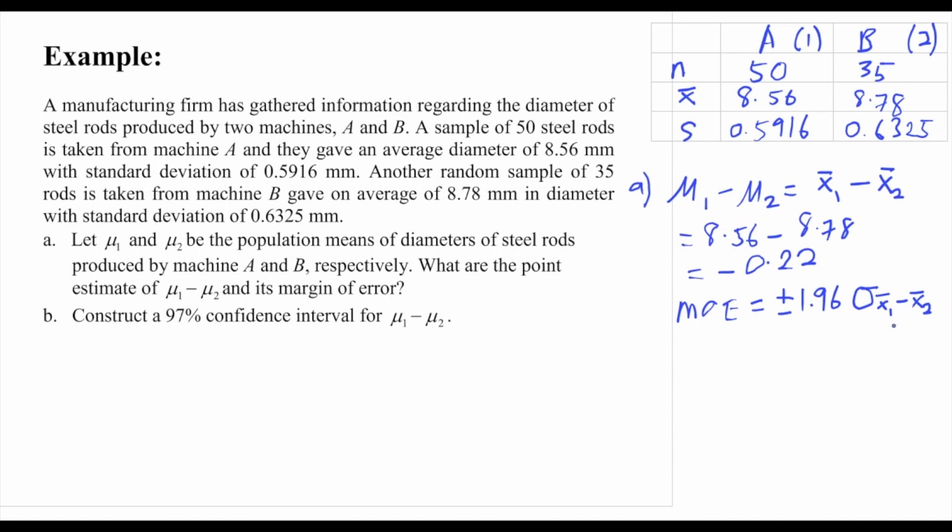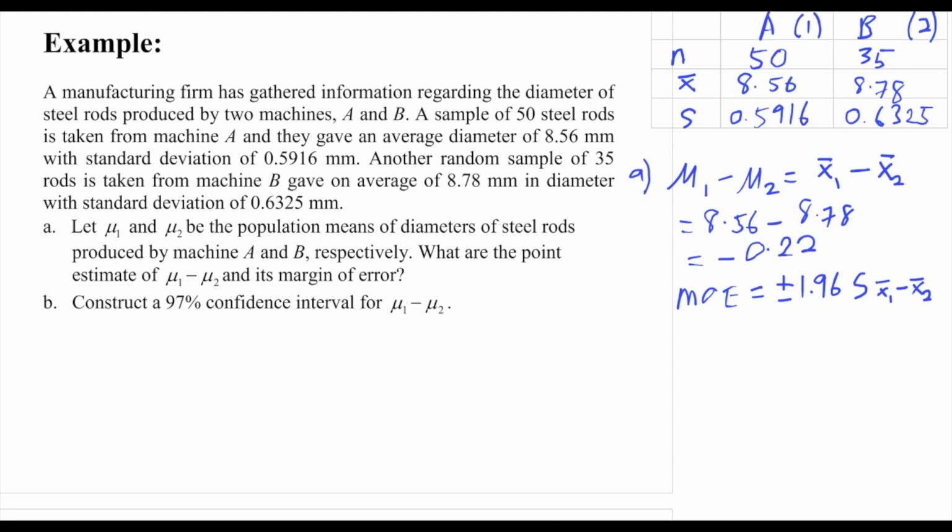And anyway, we do not have the value of sigma, we only have the value of the sample standard deviation. So instead of sigma, this would be the sample standard deviation. I'm going to check the formula of the sample standard deviation of x bar 1 minus x bar 2 in the appendix of your final exam. So I've already uploaded the file in Ulearn. Please check that one out.